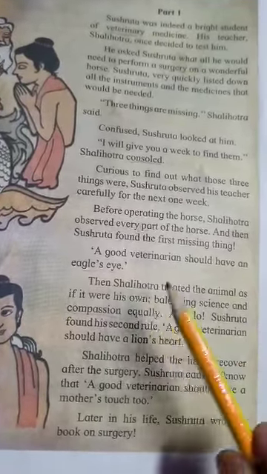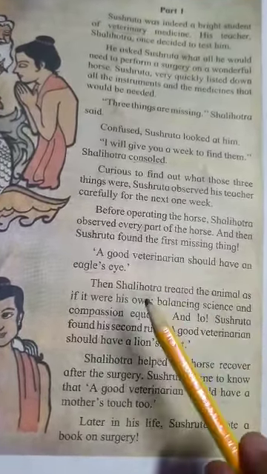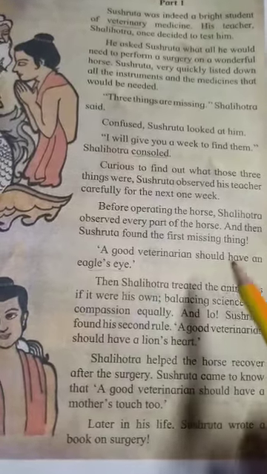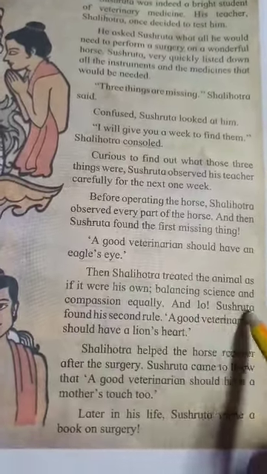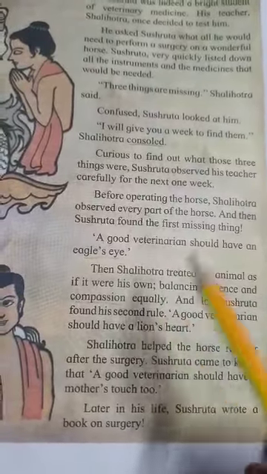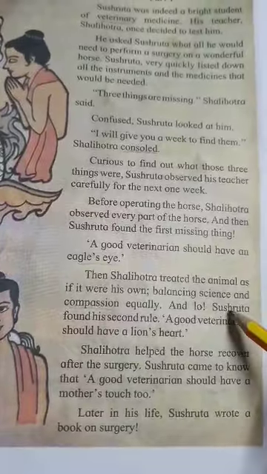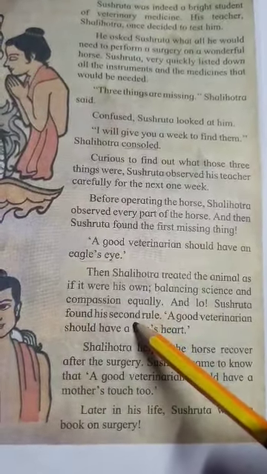Compassion means mercy. While doing the surgery on the horse, he had mercy for that animal. And lo, Sushruta found his second rule.